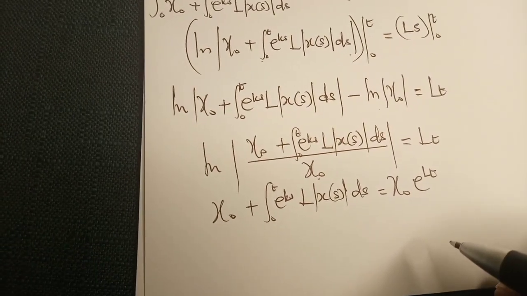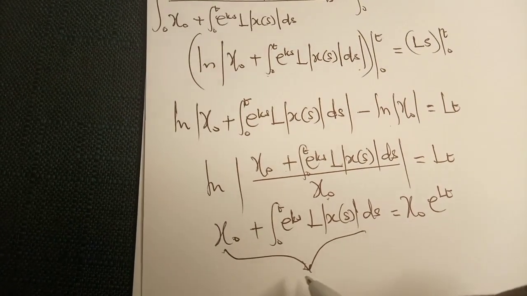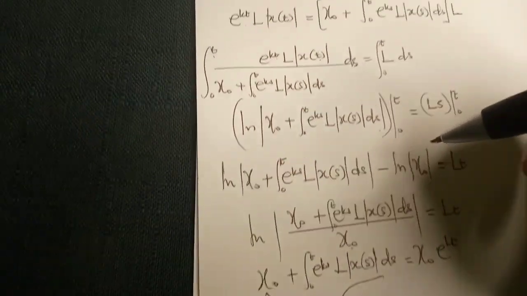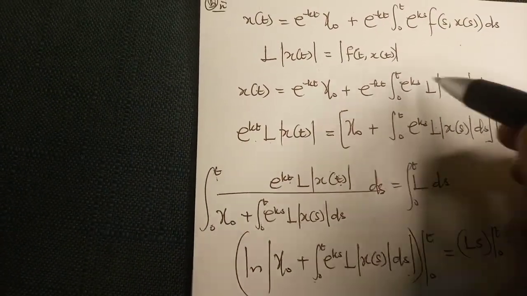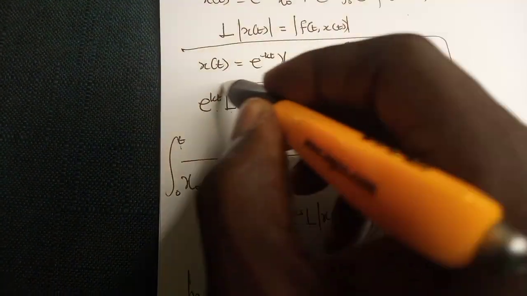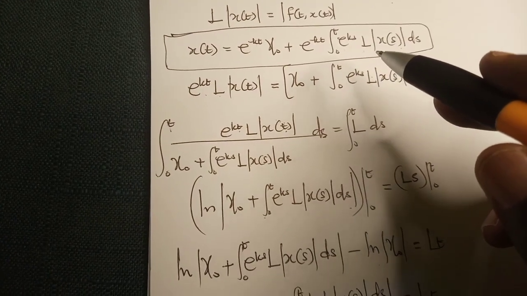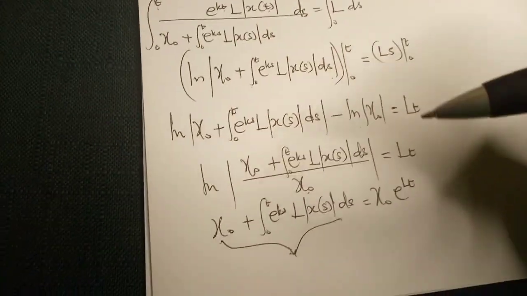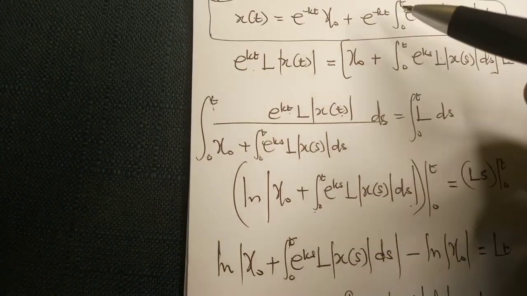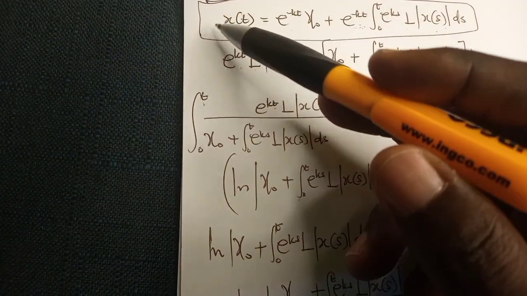With this here, it's the same as our previous equation. This equation is the same as what we had down here. When we factorize this out, it comes to this side.